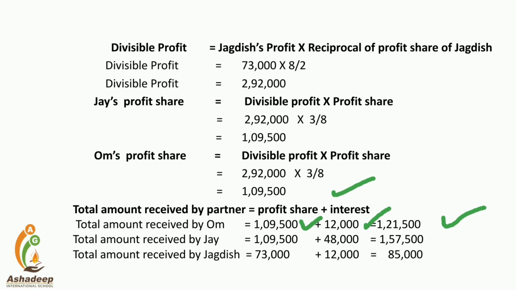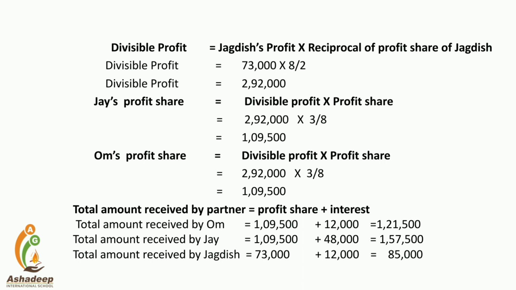In the same way, Jay received 1,09,500 as a profit and 48,000 rupees as an interest on capital. By adding up these two, we get 1,57,500. And in the same way for Jagdish as well, 73,000 plus 12,000, which is already given in the question, that is rupees 85,000.